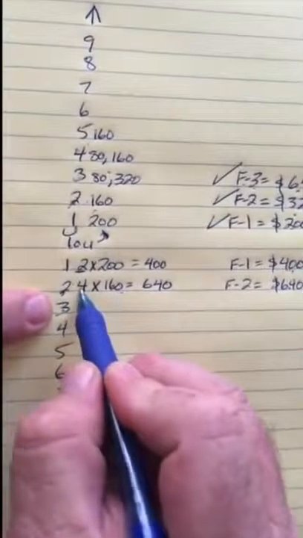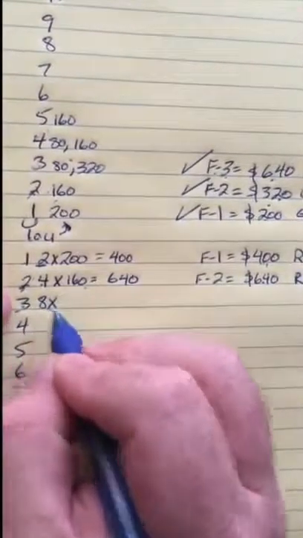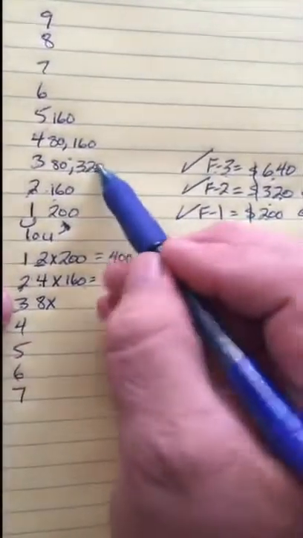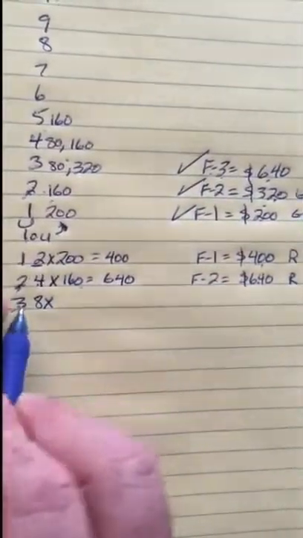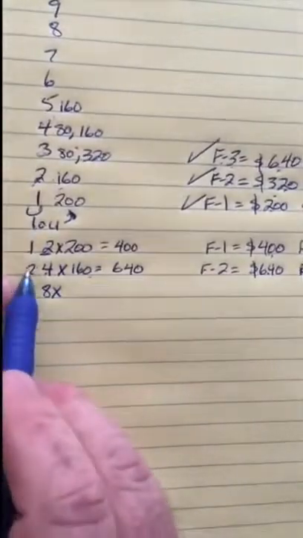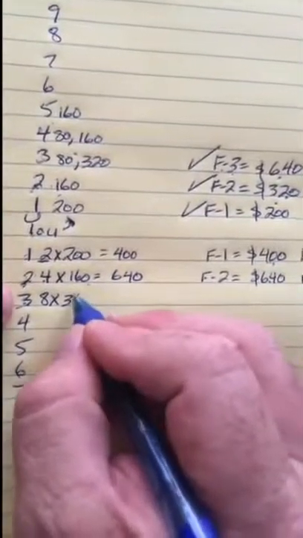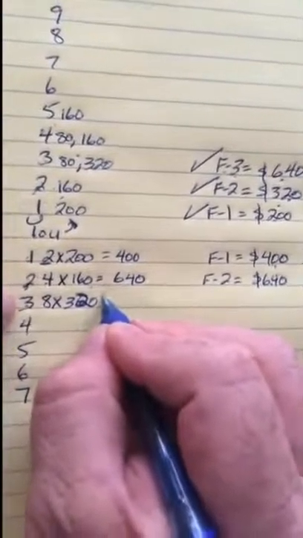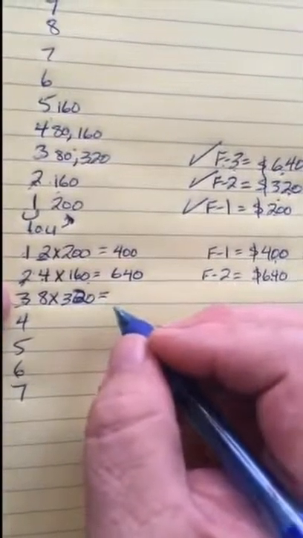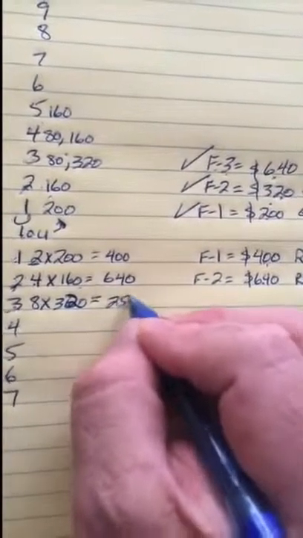So now when these 4 go out and get 2 each, that's 4 times 2 is 8, times $320, because again, in order for these people to receive on their third floor, they've got to give to the third floor above them, which happens to be you. So that's $320. 8 times 320 is $2,560.